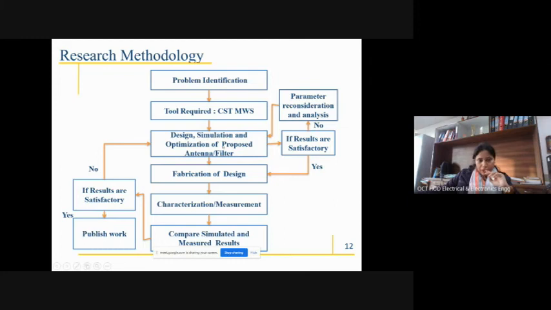Then designing, simulation and optimization of the proposed antenna. After that, I fabricated the antenna in the IIT lab, Center for Applied Research in Electronics. Then characterization and measurement with a network analyzer, and comparison of the simulator output with the network analyzer output after fabrication. If the results are satisfactory, I went for the publication process of my work.